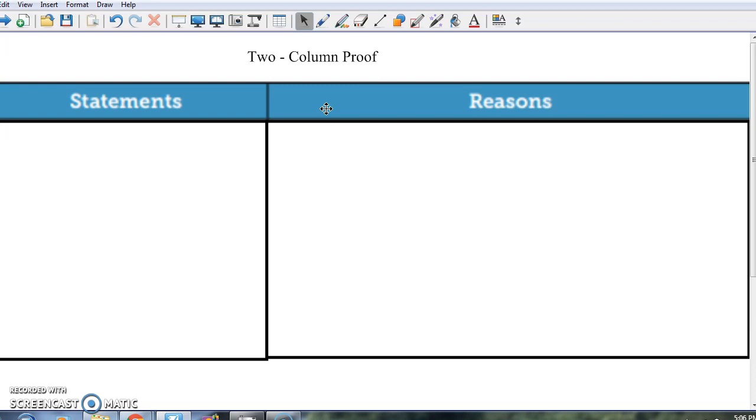So in the two-column proof, like I said, the left side is statements. Statements could be something like angle A is congruent to angle B. It could be something like x plus 5 plus 3x minus 7 equals 90. Those are examples of statements.